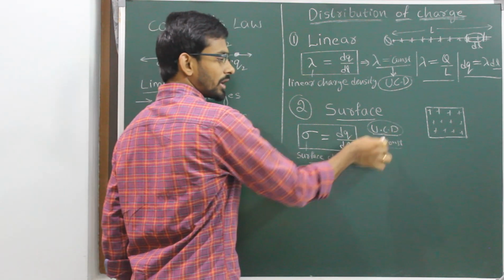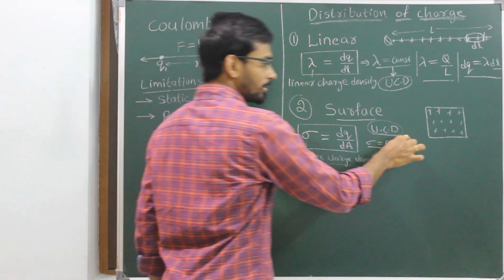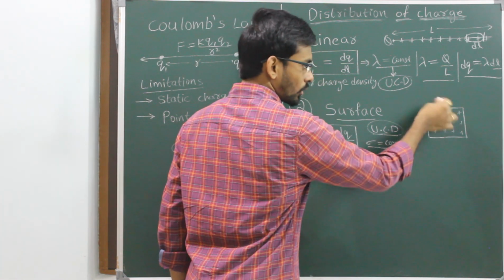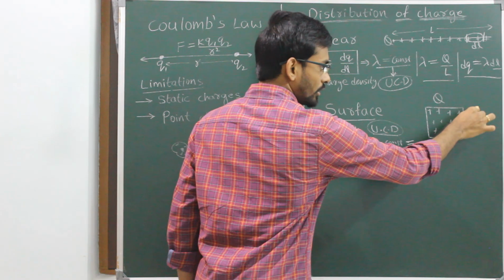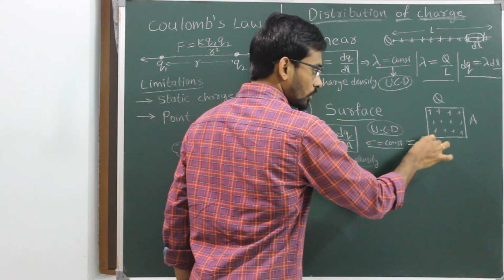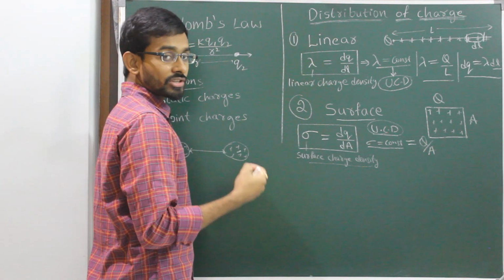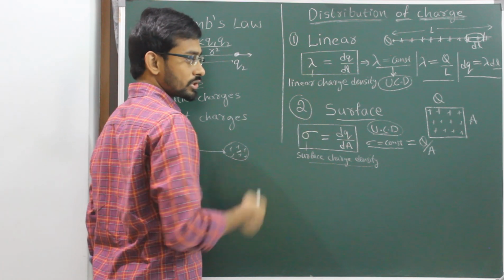In case of uniform charge distribution, sigma will remain constant throughout the body, and the sigma value is given by total charge. Let us say it is Q and the area of the surface is A. So sigma is given by Q by A. This is how you can calculate surface charge density in case of uniform charge distribution.